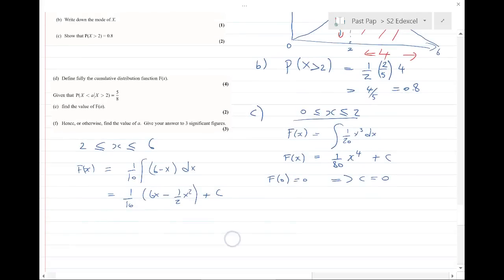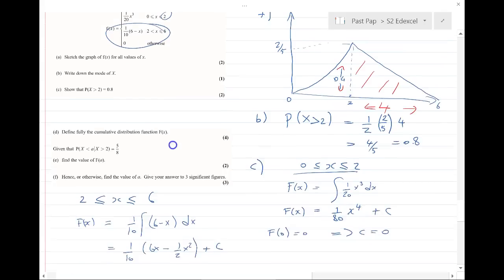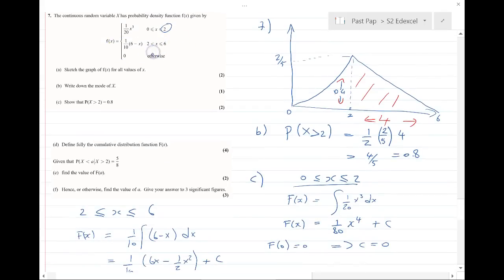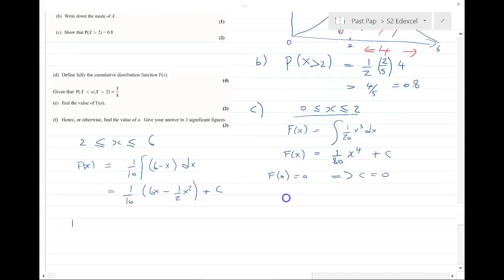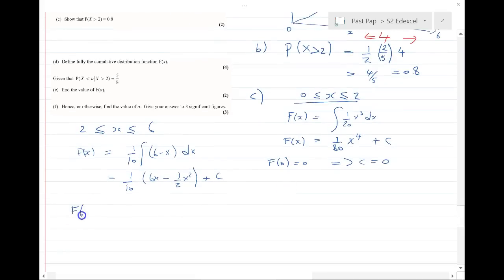Now with these cases where you have a broken function, I use the upper one to find the constant in this case. So we use the fact that F(6) equals 1.